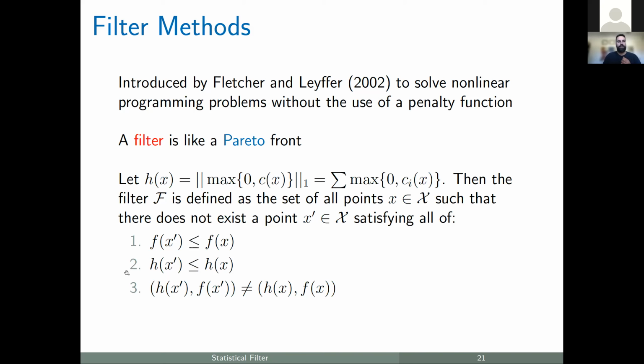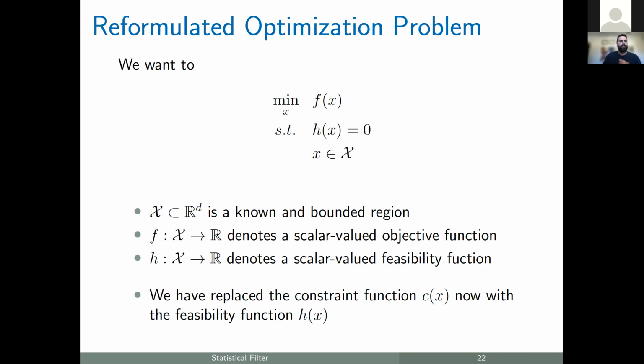I'll show you what this criteria means visually in a second. It'll be a lot easier to understand. Again, we're reformulating the problem such that we're minimizing our objective function subject to now satisfying this new equality constraint that h of x is equal to 0.